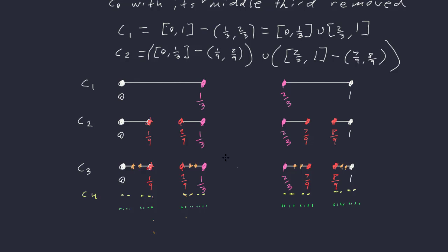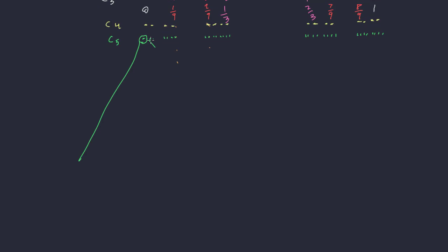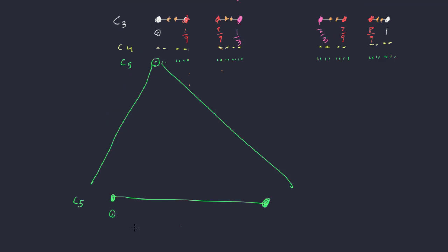However, if we were to zoom in on one of these, this would have 0 to something, like, since this is C5 and this is the leftmost interval, it would go from 0 to 1 over 3 to the 5th. Okay, which is a very small number, but we can continue the process.